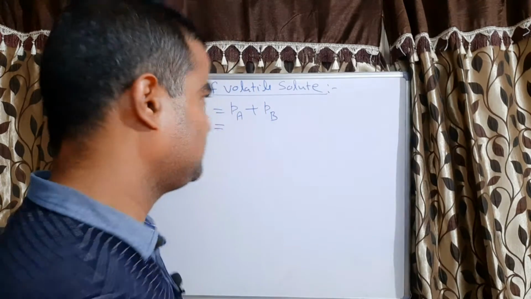According to Raoult's law, the vapor pressure of any component is equal to the mole fraction of that component present in the solution multiplied by the vapor pressure of that component in the pure state.